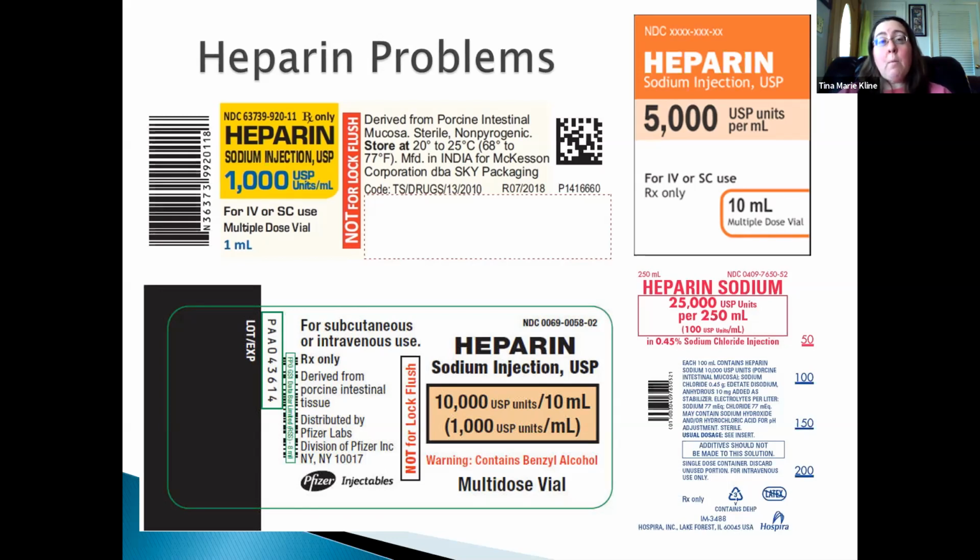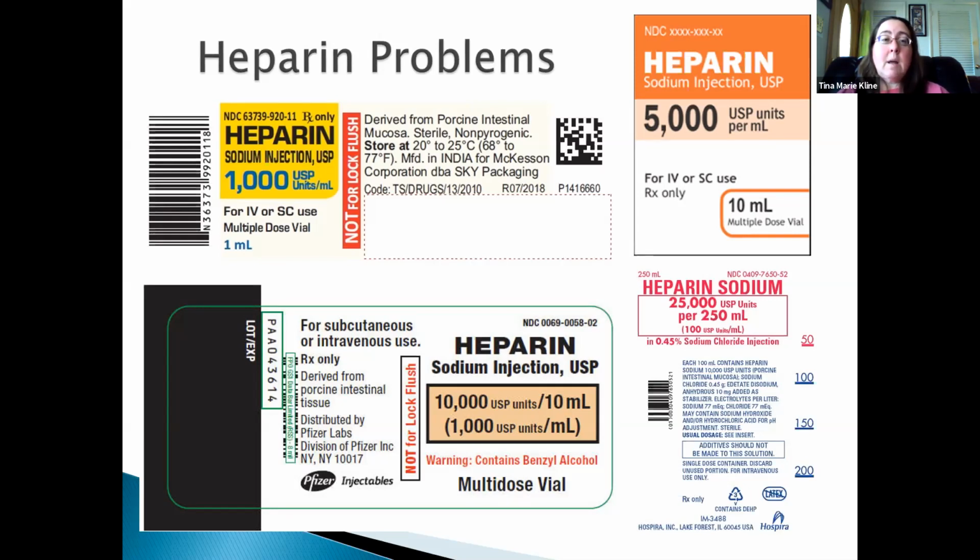The other point that I want to make, and this is another reason why it's considered a high-risk medication, is because heparin comes in multiple concentrations. So when we make you do those 3 checks and we make you read aloud the concentration from the actual package, we're doing it to prevent errors like this. As you can see on the screen, the first one is heparin 1,000 units per milliliter. Right next to it is 5,000 units per milliliter.